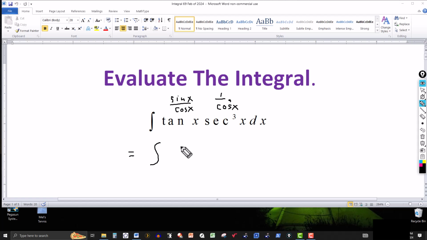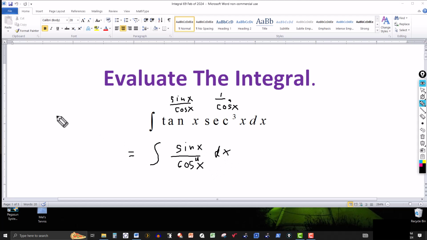So I can rewrite it this way and say this will be sine of x over cosine. And of course cosine of x times cosine to the third of x is going to be to the fourth here. So that's sine of x over cosine to the fourth, dx. So now I have it in this format.